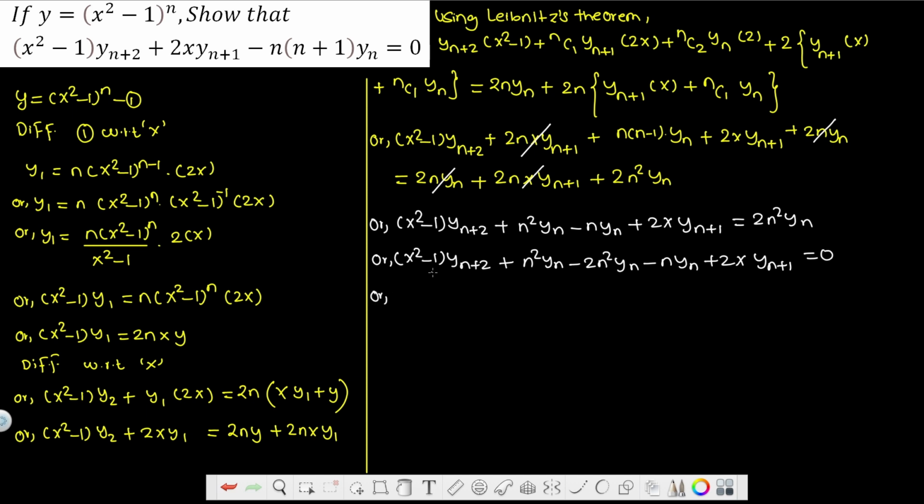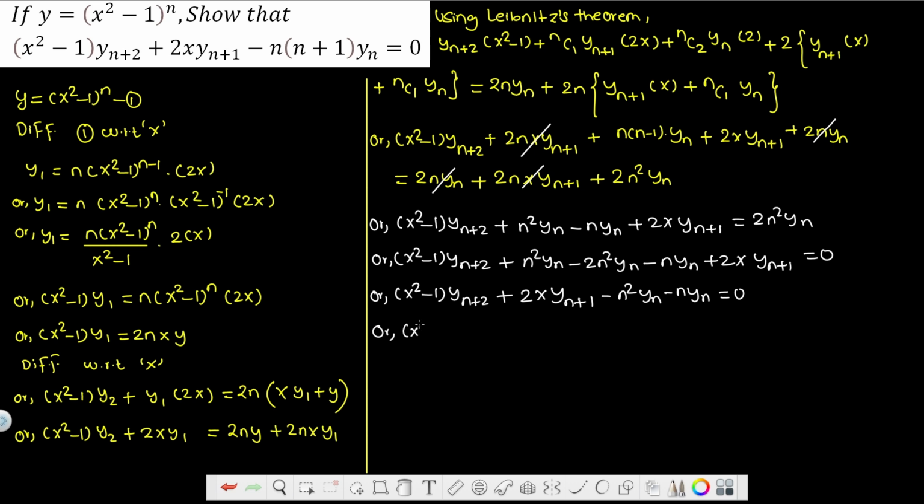We have already got our first term here, so we can write (x square minus 1) y n+2. Now arrange the terms with y n+1. We only have this term, so we can write plus 2x y n+1. Now n square yn minus 2n square yn is just minus n square yn, and we have minus n yn here equals 0.